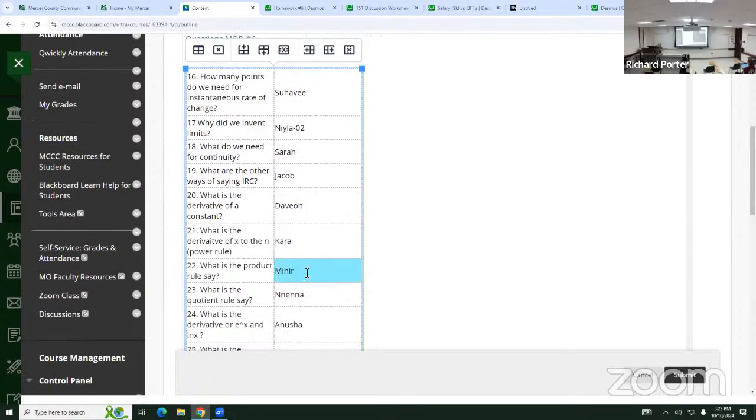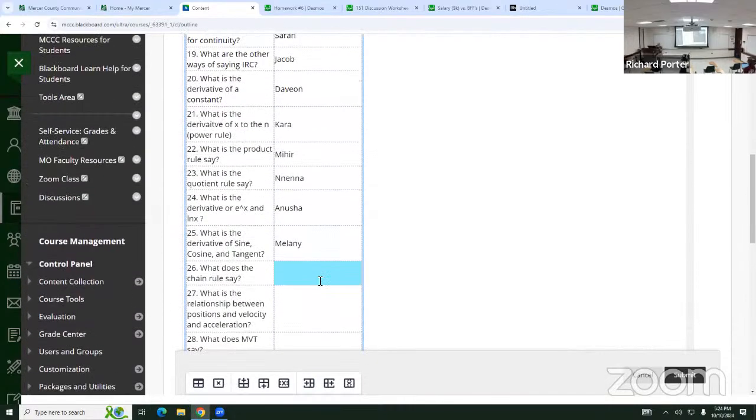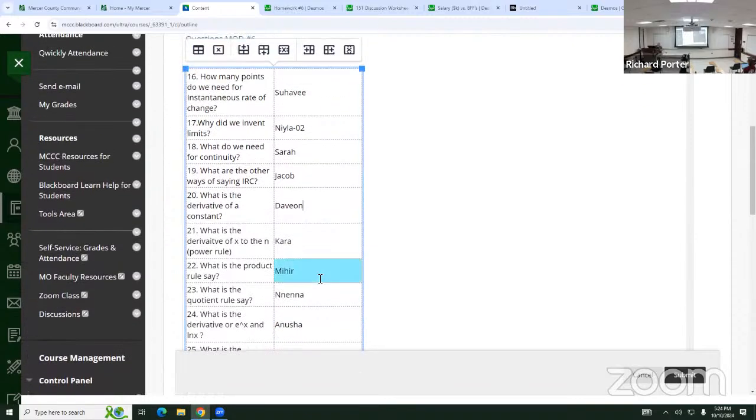Mahir, what does the product rule say? First times the derivative of the second plus the second times the derivative of the first. Okay. Nina, I know you've had this before. What does the quotient rule say?